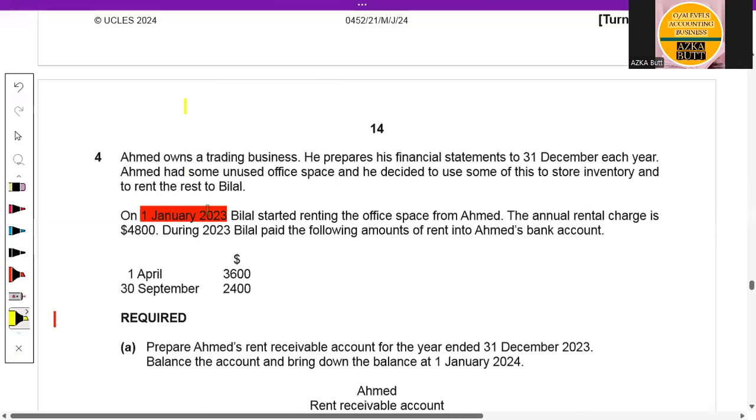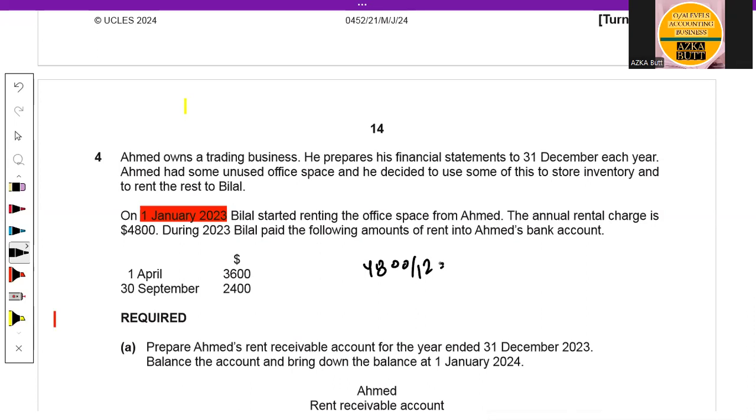Bilal started renting the office space from Ahmed. The annual rental charge is 4,800. So if you just divide 4,800 by 12, we want to find out the monthly rent. So 4,800 divided by 12, we have 400.